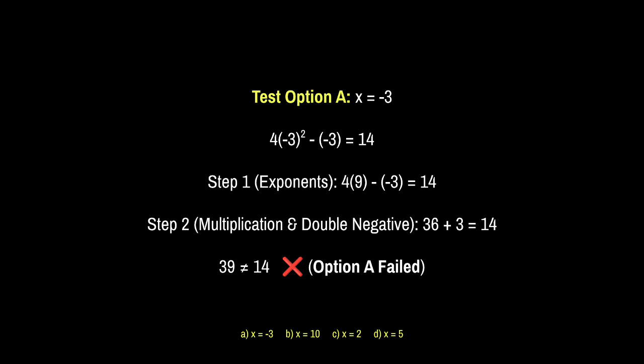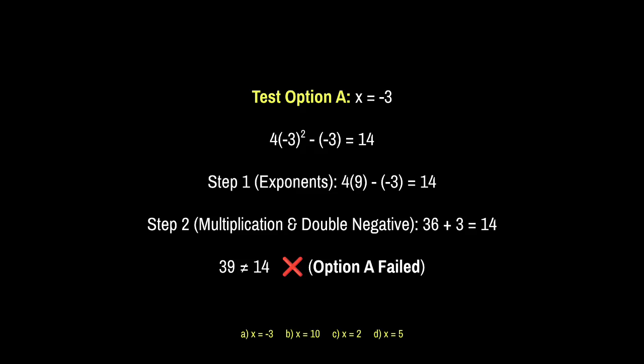Now, follow PEMDAS. Exponents come first. What is negative 3 squared? A negative number multiplied by a negative number is always positive. So, negative 3 times negative 3 is 9.